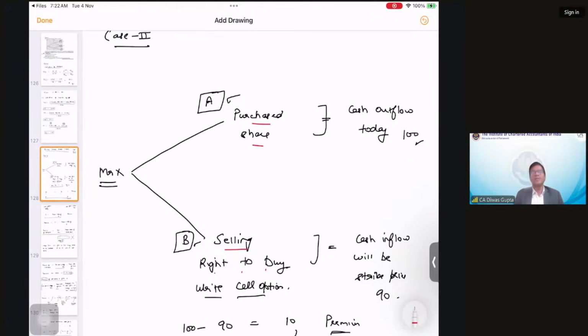The reason to purchase a share: if tomorrow the option is going to be executed, the right to buy will get executed, and I will have to sell the asset to the person who is executing the right to buy. Clear?